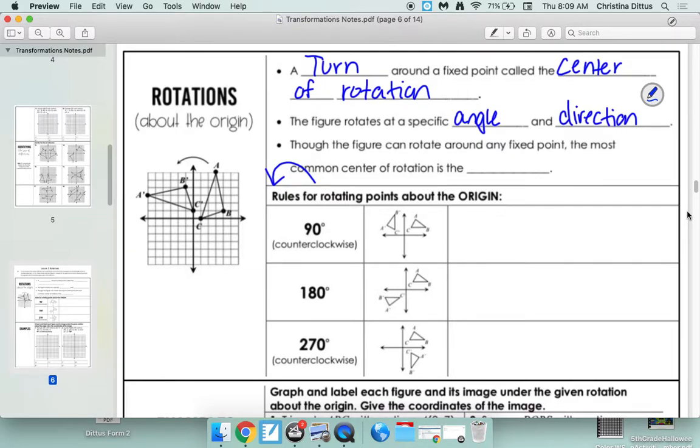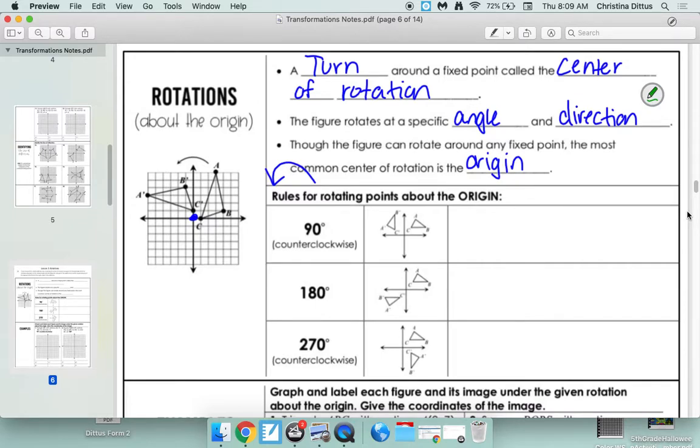And then 180, it doesn't tell you if it's counterclockwise or clockwise because it doesn't matter because 180 is like halfway around, whether you go clockwise or counterclockwise. But anyway, we use the common center of rotation as the origin. That's your 0, 0. We don't do around a given fixed point because that's too complicated. So we just use the origin.